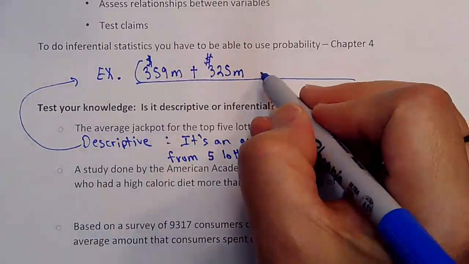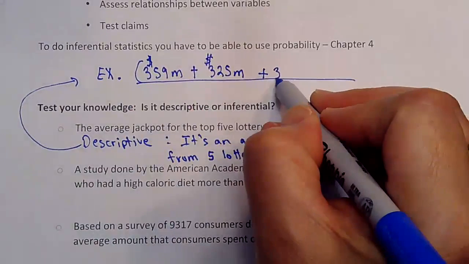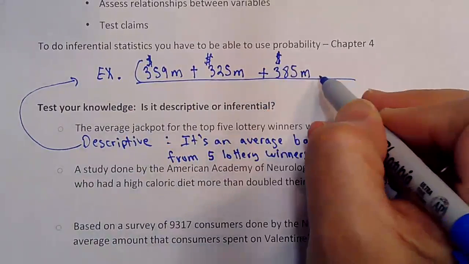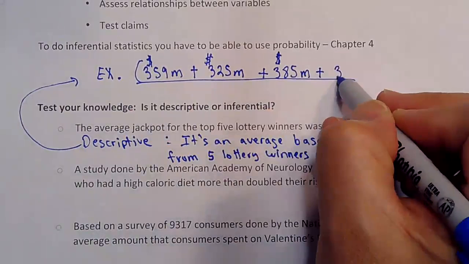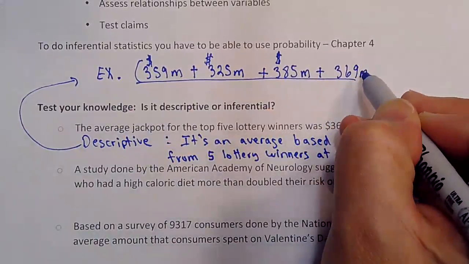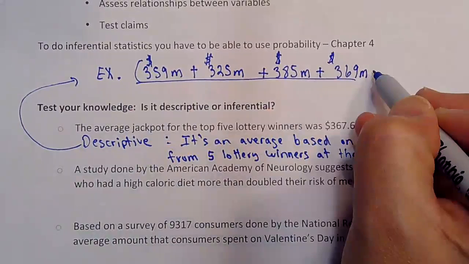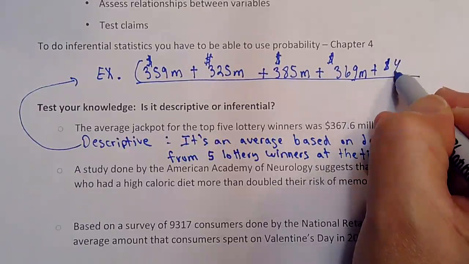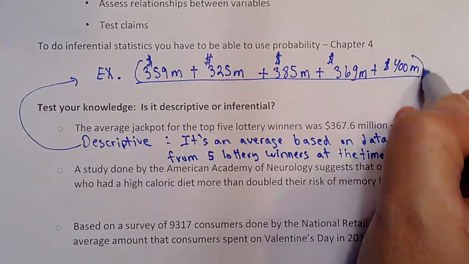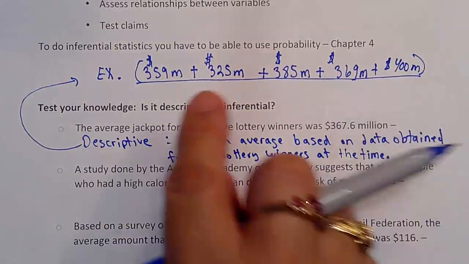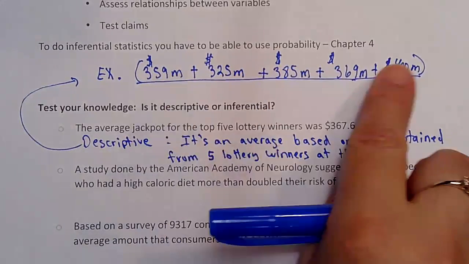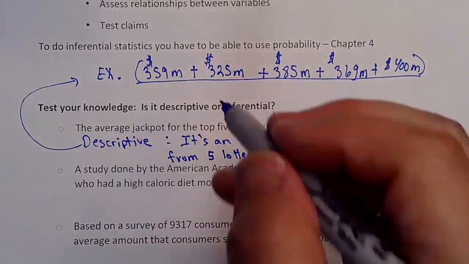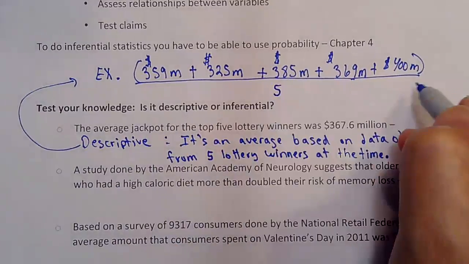And let's say that somebody won $385 million, and somebody won $369 million, and let's say somebody won $400 million. And so you would have 1, 2, 3, 4, 5. So you have the top 5 lottery winners. So you would add that up and then divide by 5.